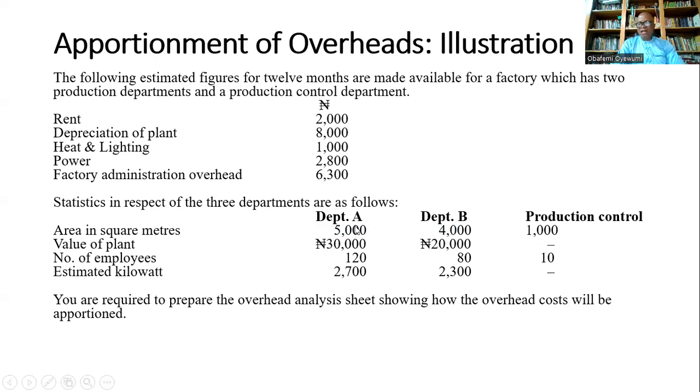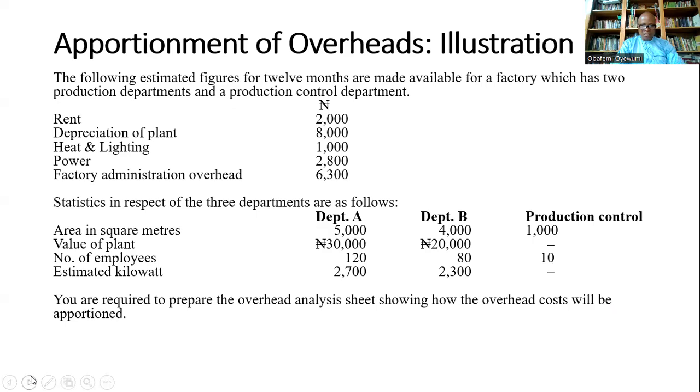And then you divide 5,000 by 10,000. So the numerator will be 5,000 for Department A, and then the denominator will be 10,000. That is the total of the entire factory. For Department B, that's 4,000 over 10,000, and then for production control, that's 1,000 over 10,000.